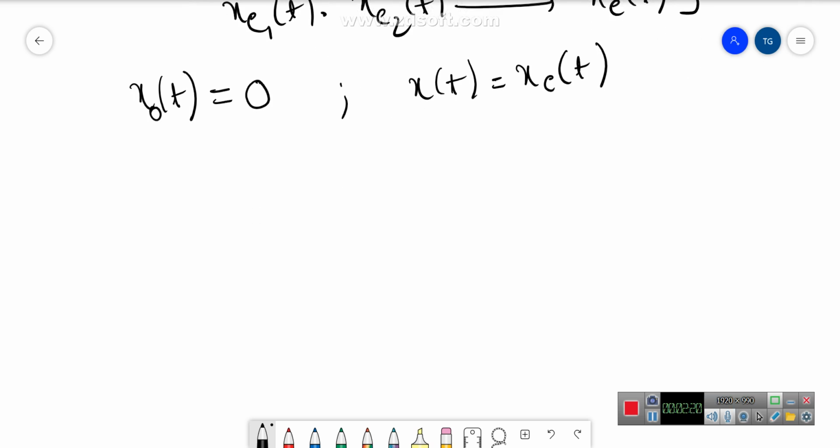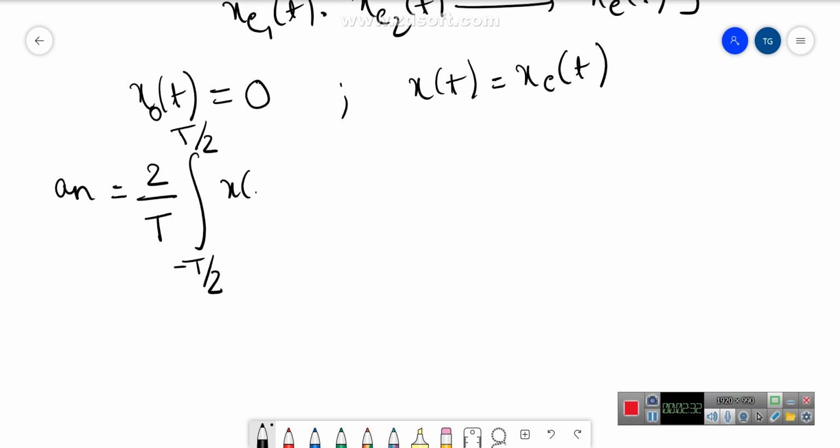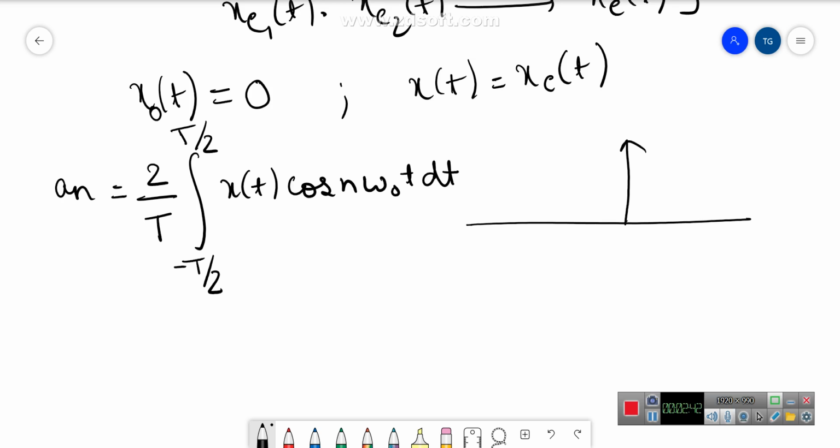So we know the Fourier coefficient an can be expressed as 2 by T integration from minus T by 2 to plus T by 2, x of t into cos n omega naught t into dt. So how does my signal look? It has this kind of waveform.